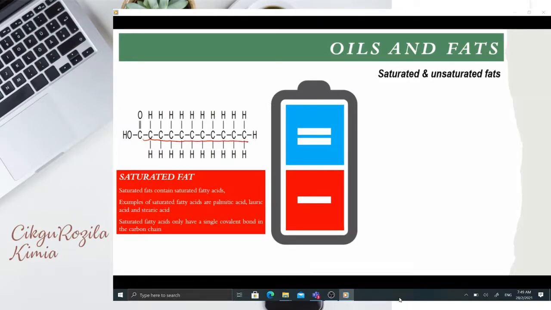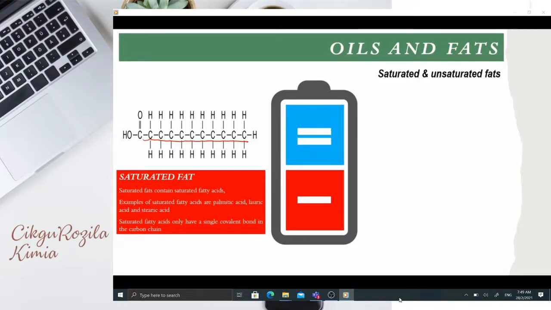There are no double covalent bonds. That makes the fatty acid a saturated fatty acid. Examples of saturated fatty acids are palmitic acid, lauric acid, and stearic acid. Saturated fatty acids only have single covalent bonds in the carbon chain.